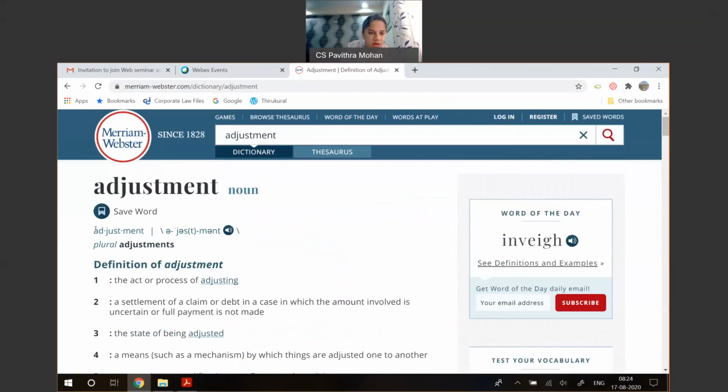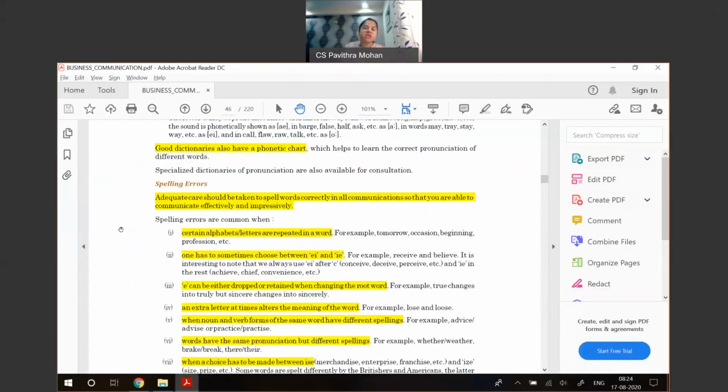It shows how a word needs to be pronounced, for example, adjustment. This will always be there in any dictionary that you use, and these phonetic charts play an important role in understanding how to pronounce a particular word.